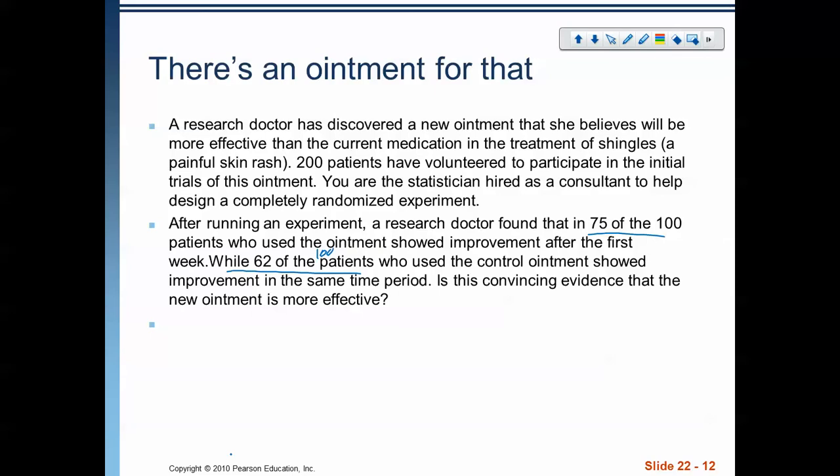Is this convincing evidence that the new ointment is more effective? So we have the new ointment being 75 out of 100. We have the old one being 62 out of 100. Is that a large enough difference that it cannot be explained by random variation? We need to do a hypothesis test to figure that out.